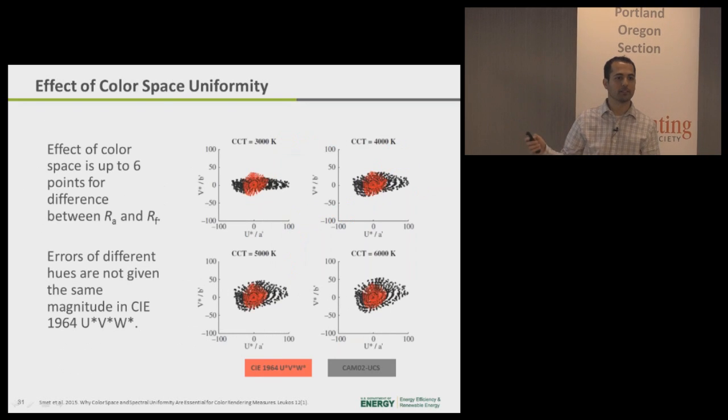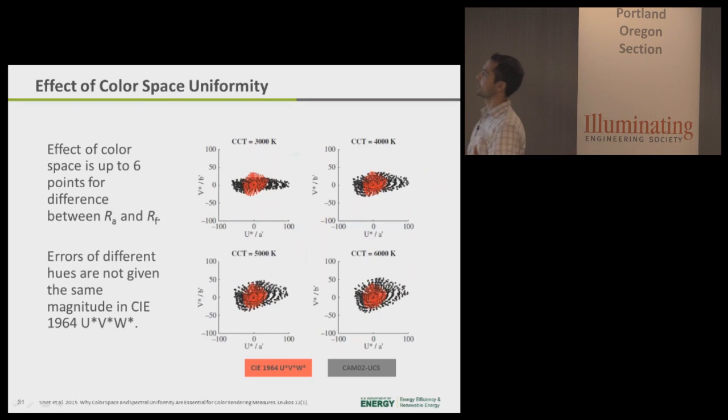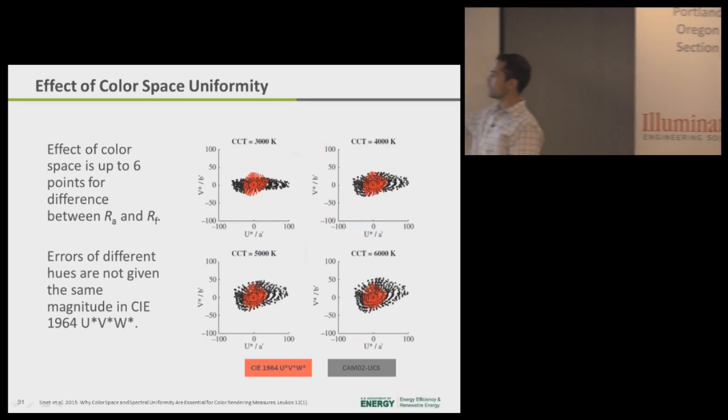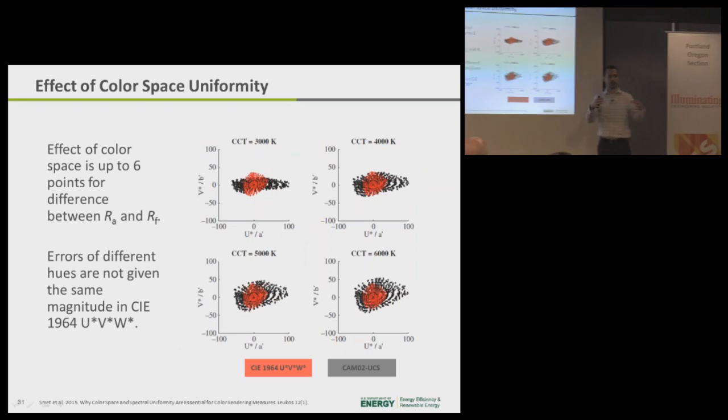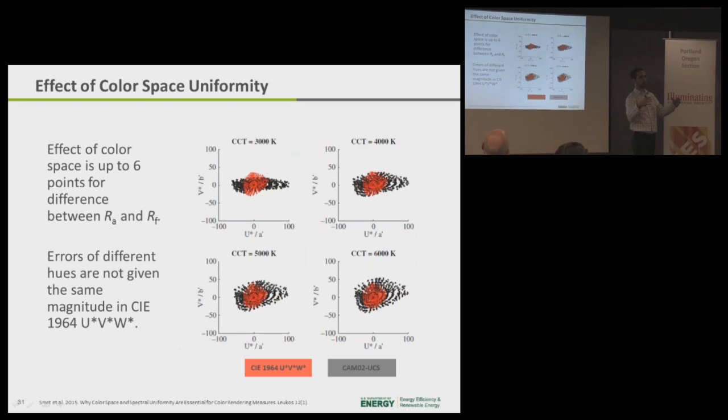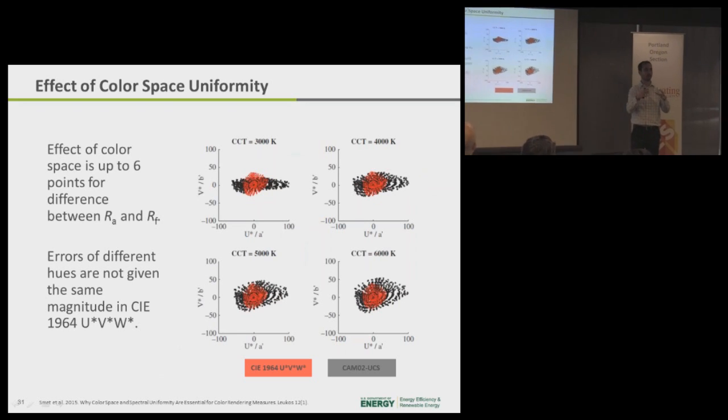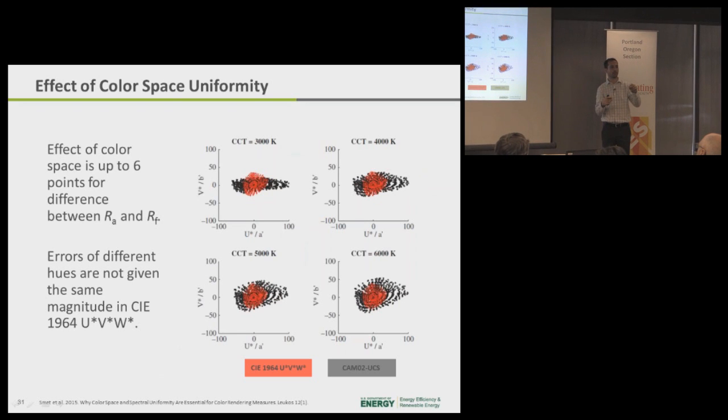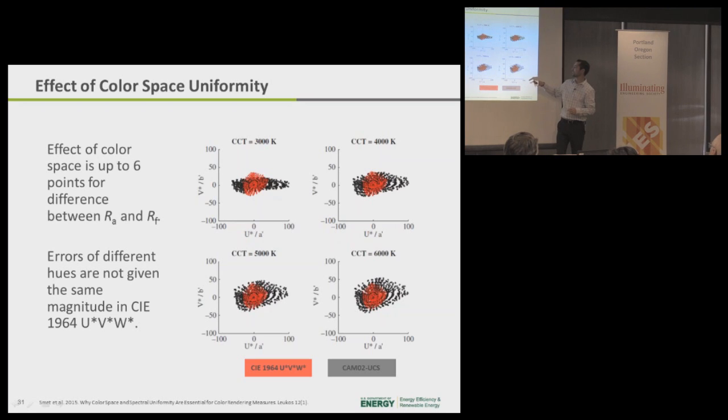On color space uniformity, when we had the old color space, again, this is the technical section. If we move to different CCTs, the shape of that color volume changed, and it wasn't always spherical. So certain changes became a heavier influence on the score than other changes. This should be red, this should be gray. Sorry, that's probably confusing.